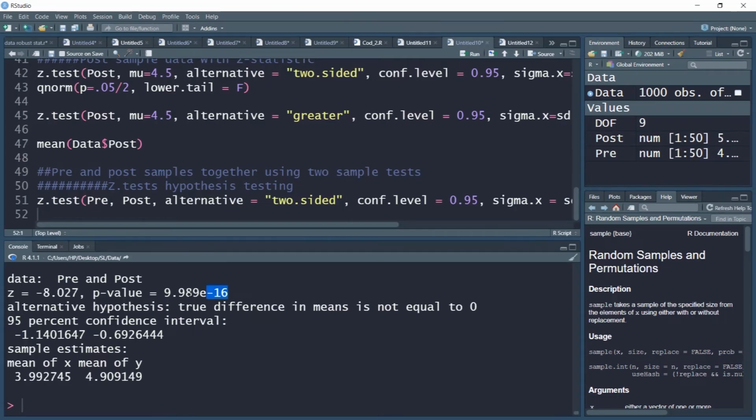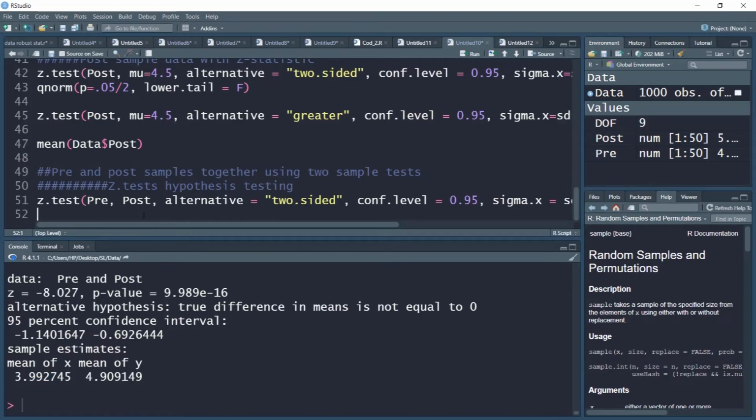And given the significance level of this p-value, it clearly indicates that the difference in their means is not zero, and obviously the post mean is higher as compared to pre. So this is an early indication that clearly we can reject the null that their means are equal, and early results suggest that post is higher than pre.